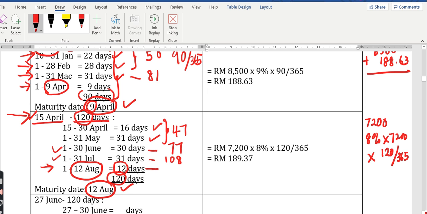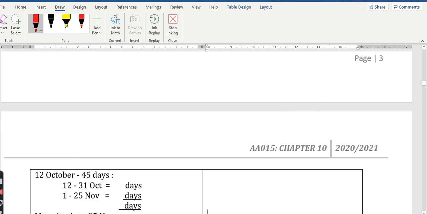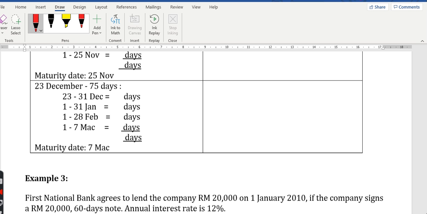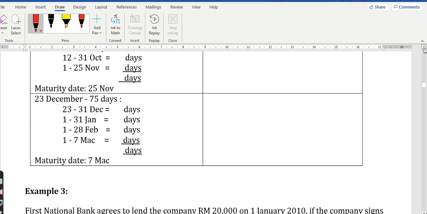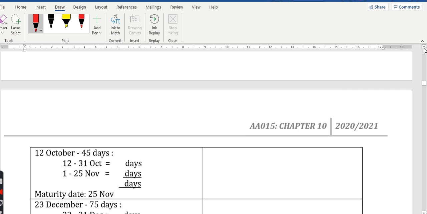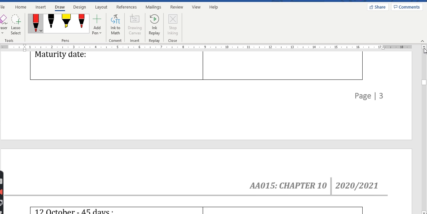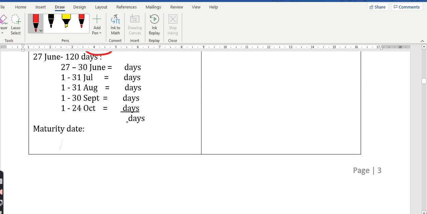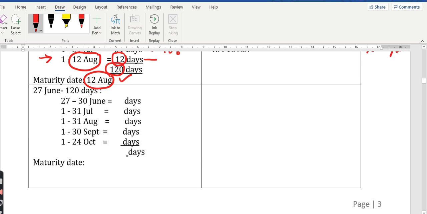Okay, we'll go through the third one. For the third one we'll be doing the same thing. So your date of issuance is on the 27th of June.